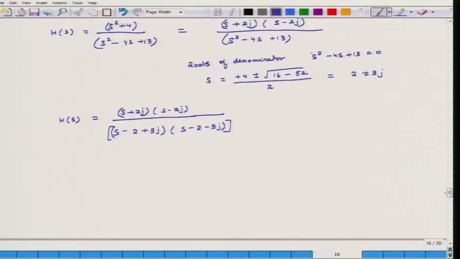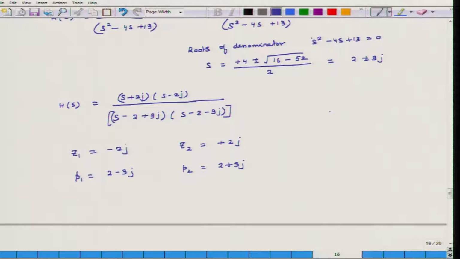Now we write down the roots of the numerator and denominator. z1 equals minus 2j, z2 equals plus 2j, p1 equals 2 minus 3j and p2 equals 2 plus 3j. So, this system has 2 poles and 2 zeros, and we will plot them on the complex plane.